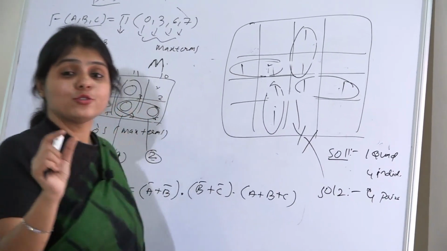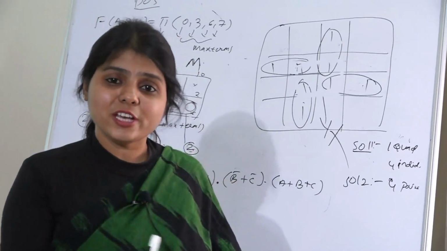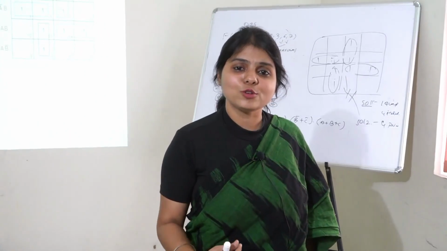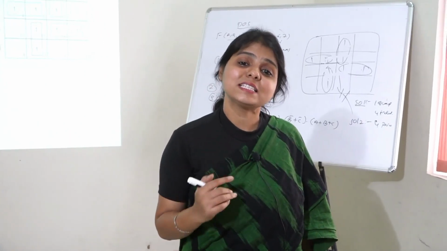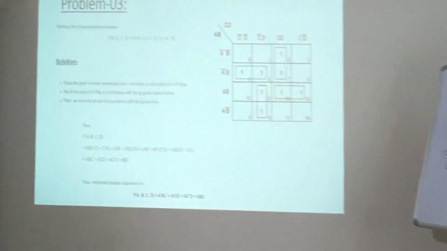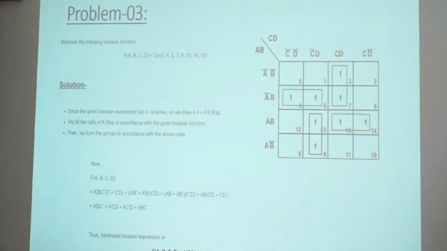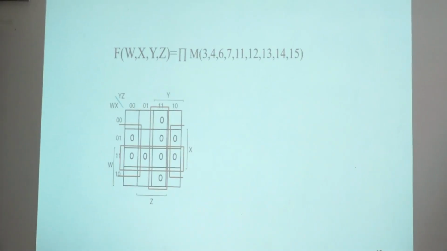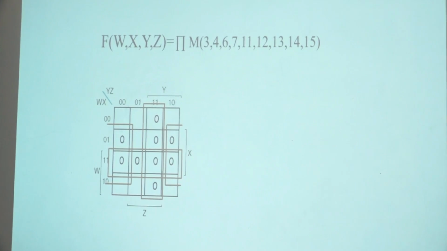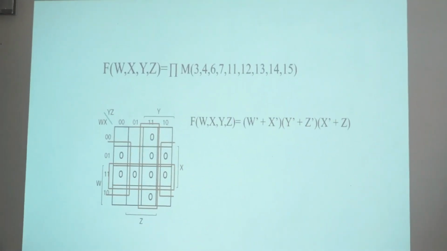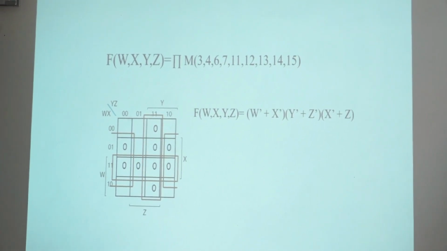I want you to sit down, put the expression, and check which particular Boolean function, solution 1 or solution 2, gives you the fewer number of logic gates. This is what I have done. I have simply eliminated that quad here. Now, this is one example with POS, the same thing I have done here, you can just look into that. You can just look into one example with respect to POS.